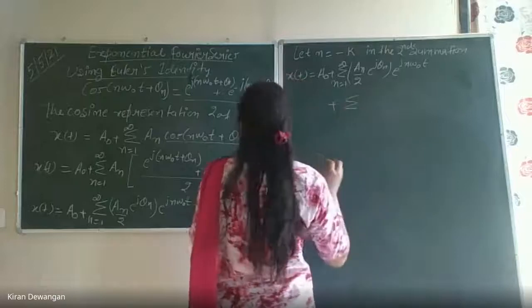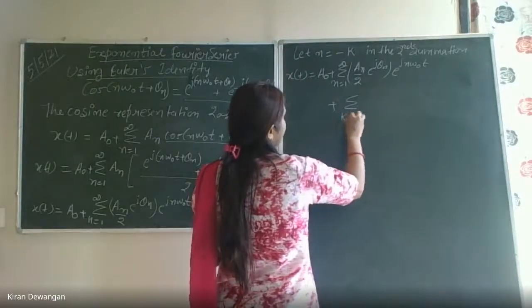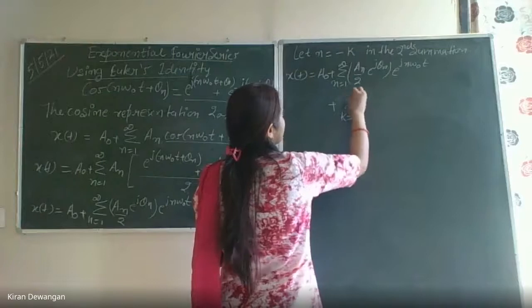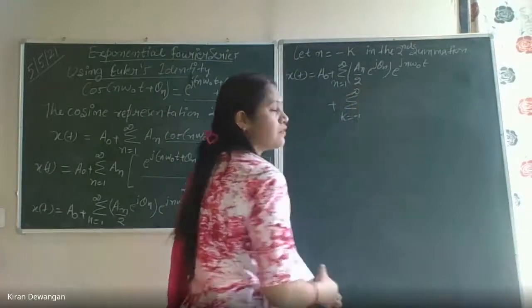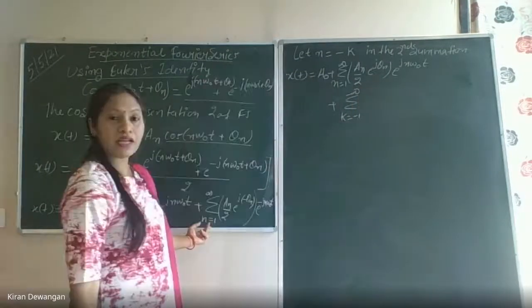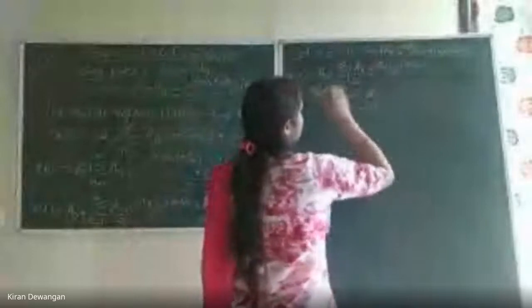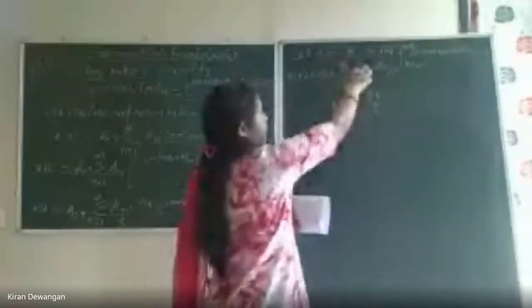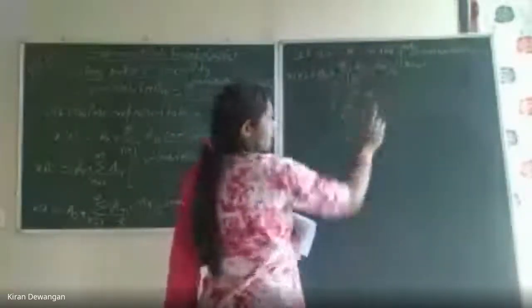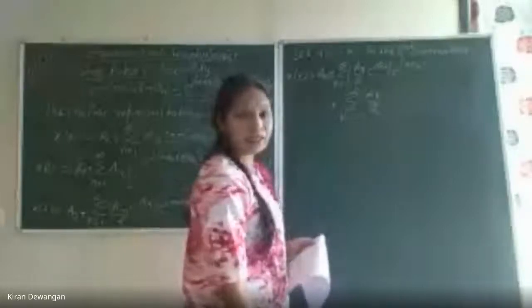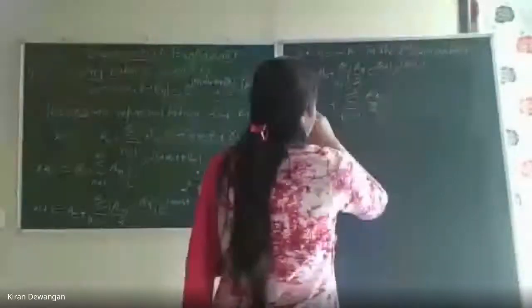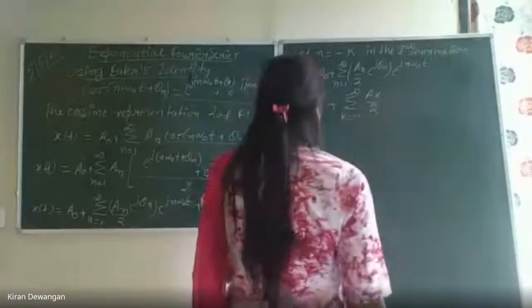Now here n 1 to infinity will become k minus 1 to minus infinity, replaced by minus k. So k will be from minus 1 to minus infinity. Okay? This becomes ak by 2. A of minus n or ak, that doesn't make any difference. So we are writing it as ak by 2.